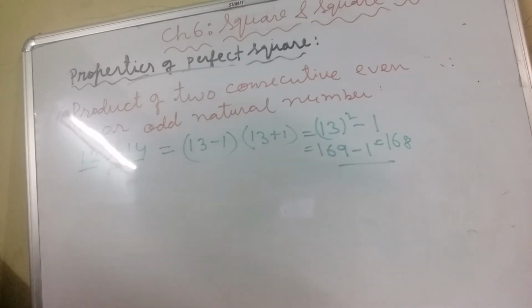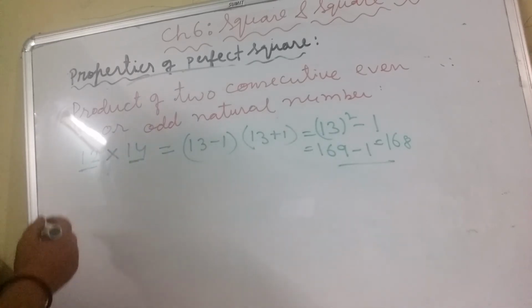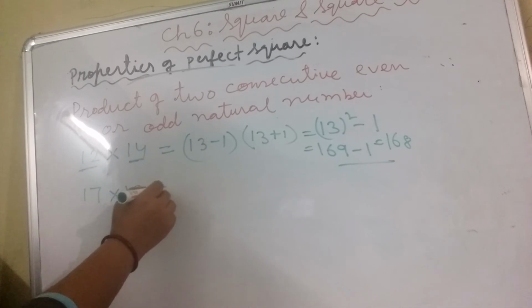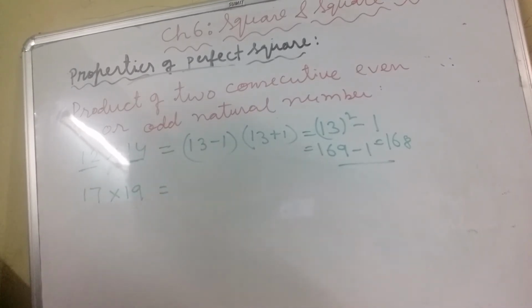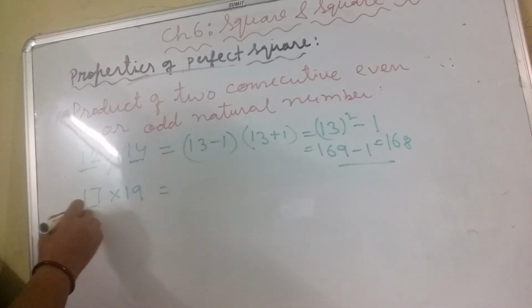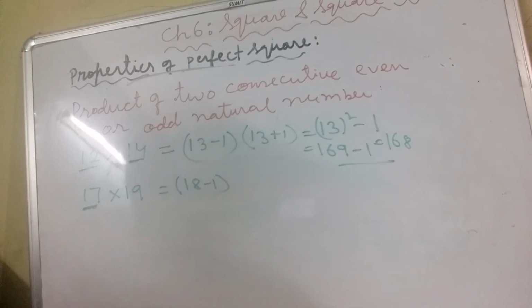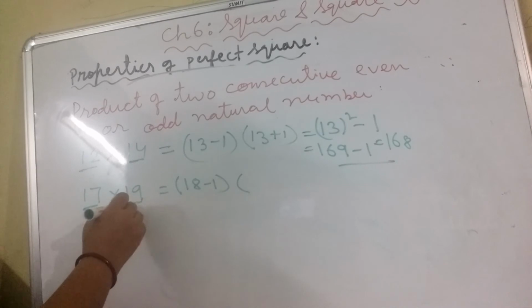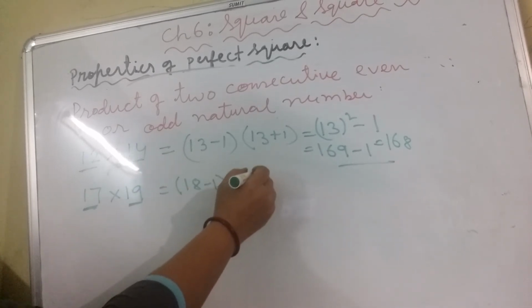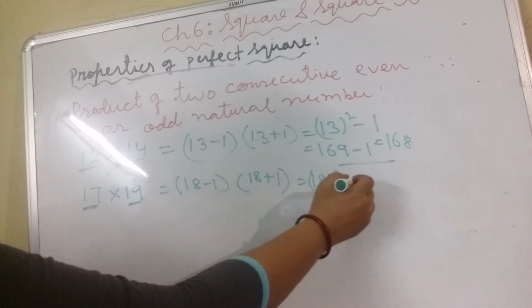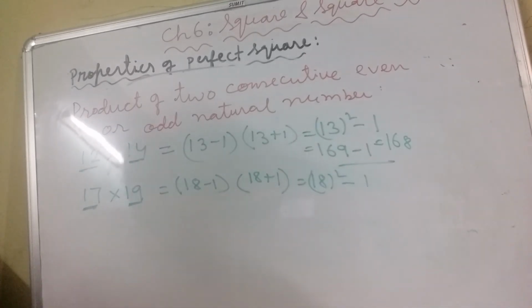For an example, if you have to multiply 17 into 19, how do we find it? 17 can be written as 18 minus 1 and 19 can be written as 18 plus 1. So it will be 18 square minus 1.